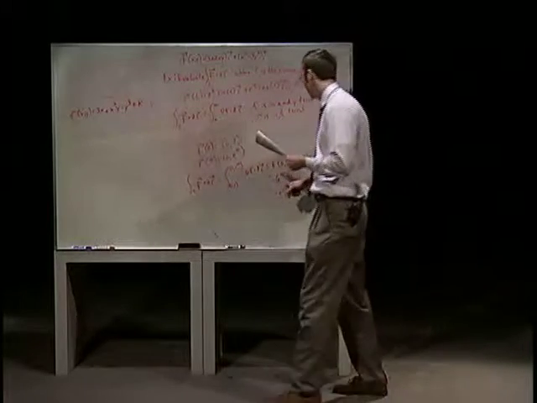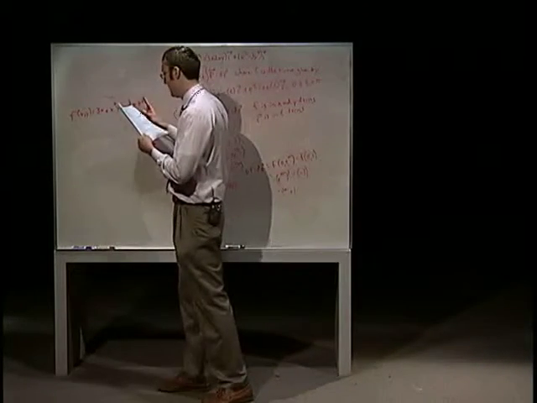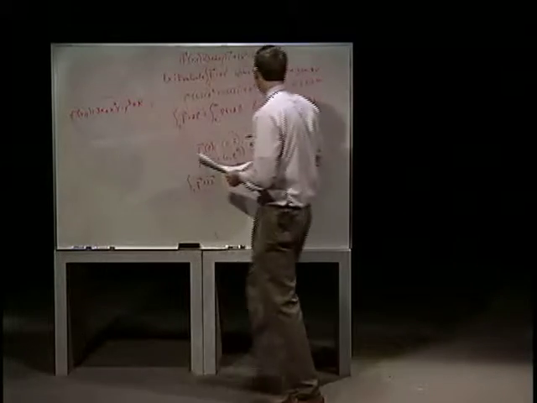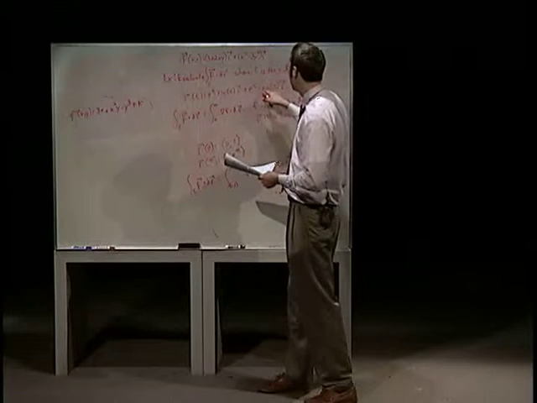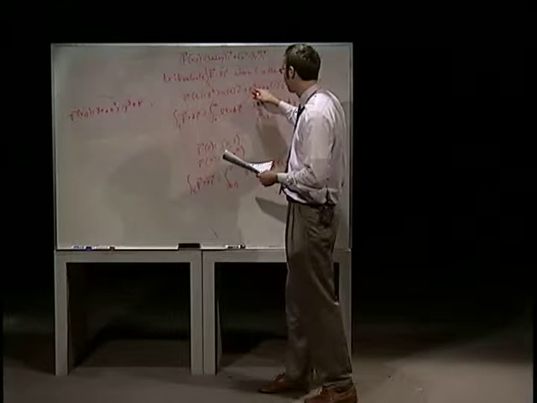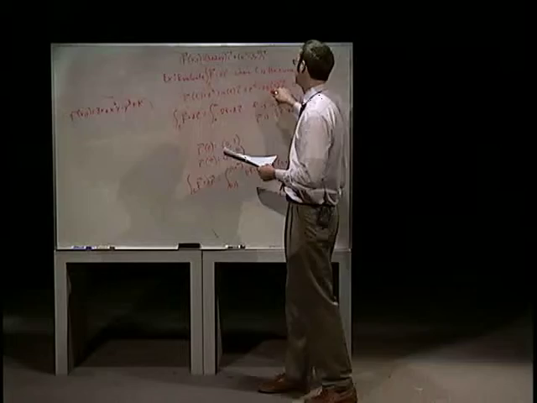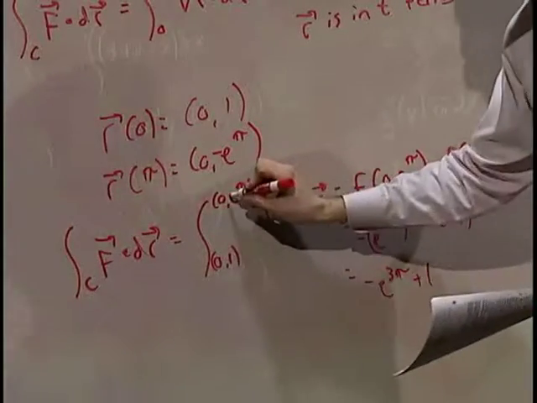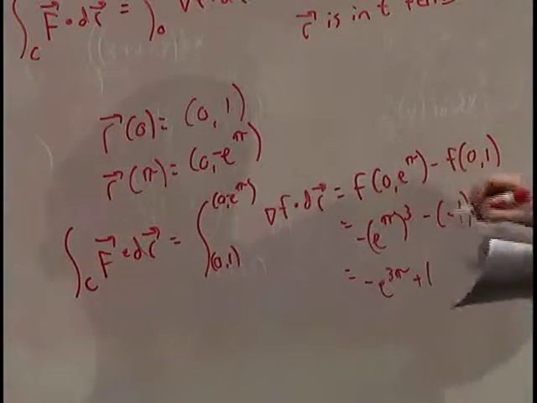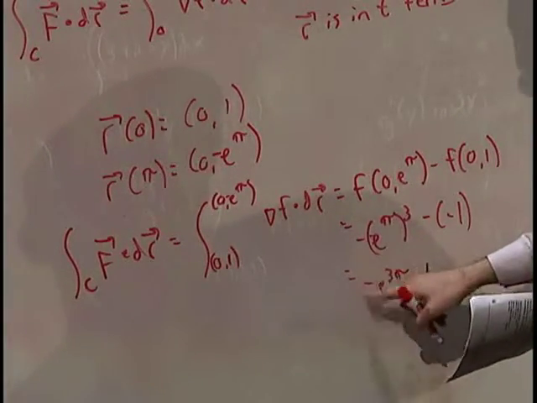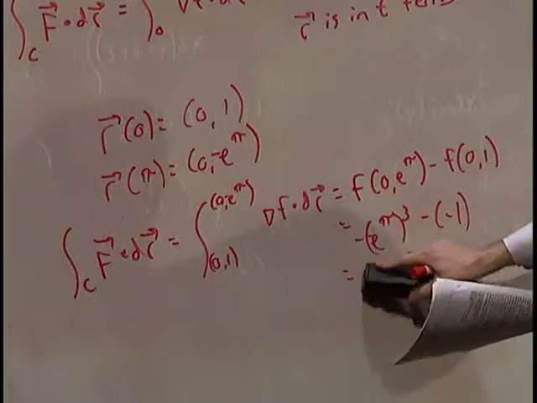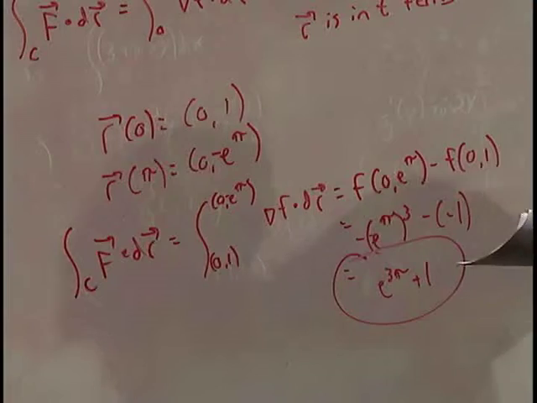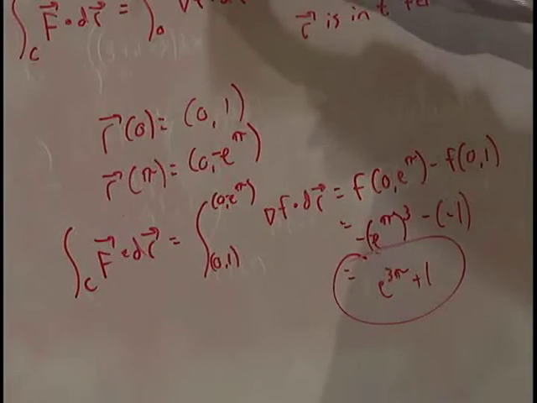Why is that? So I plugged in e to the pi. I have minus e to the pi here. Why do I have minus e to the pi? Did I make a mistake up here? When I plug in pi here, I get e to the pi. Oh, yeah, cosine pi is negative 1, so this should be minus e to the pi. Yeah, excuse me. That should be minus e to the pi. Minus e to the pi, and that should be plus. So yeah, that was my mistake there. But this should be e to the pi plus 1 is this line integral, right?